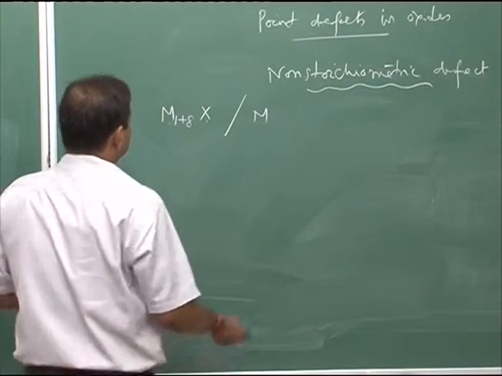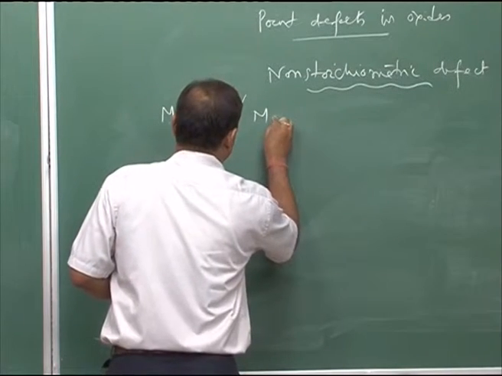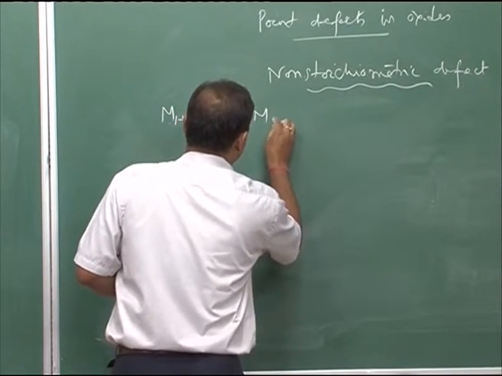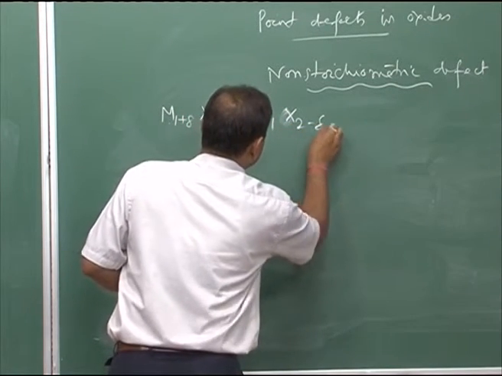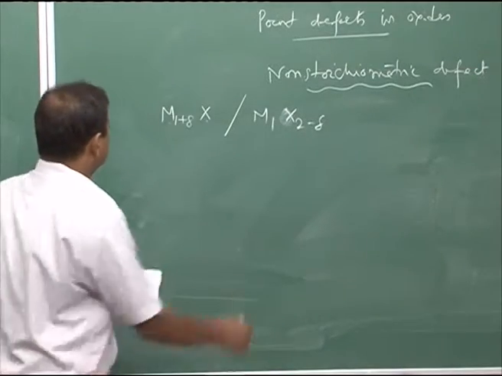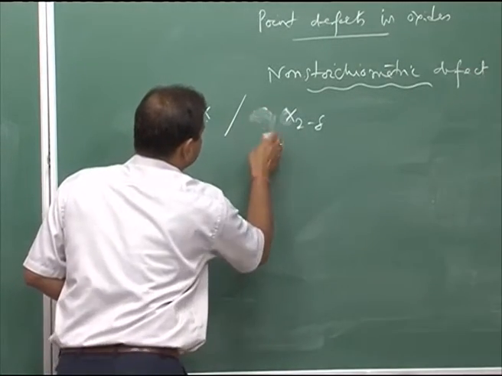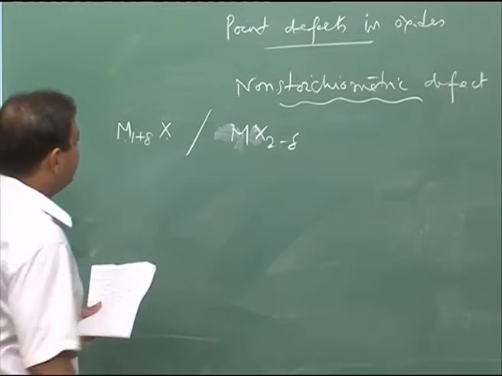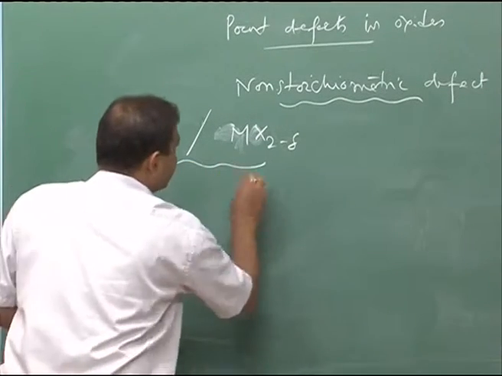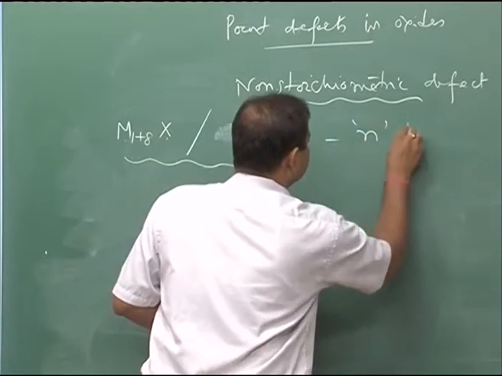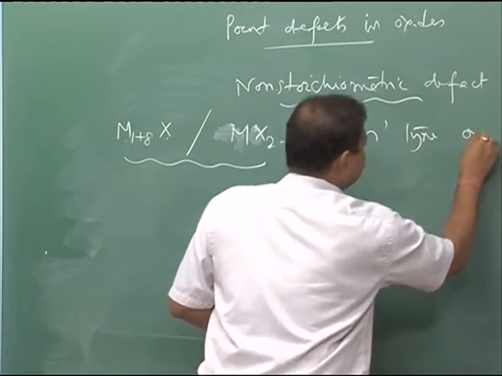So, this is metal excess, or there could be oxygen deficient oxides, MX 2 minus delta. So, they form N type oxide.